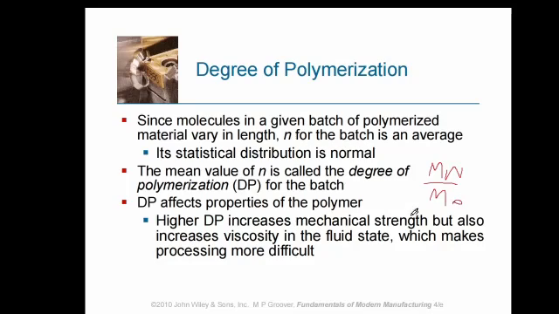That's the degree of polymerization. And a higher DP increases mechanical strength and viscosity of the polymer. And this can affect processing, because if the polymer has strong mechanical strength and is too viscous, it makes processing difficult.